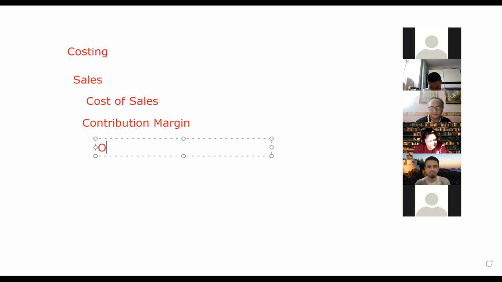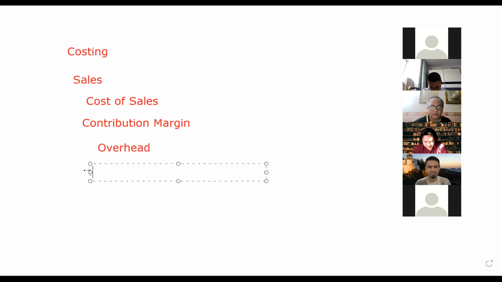When you minus your overhead, you have what we can call gross operating profit, so we call it profit. As long as the contribution margin is positive, profit will increase whenever sales increase.